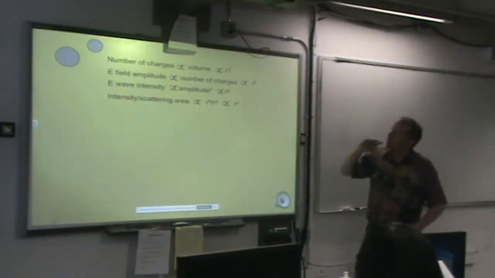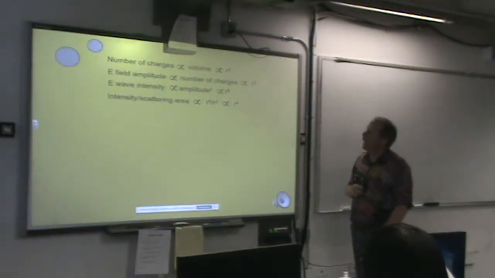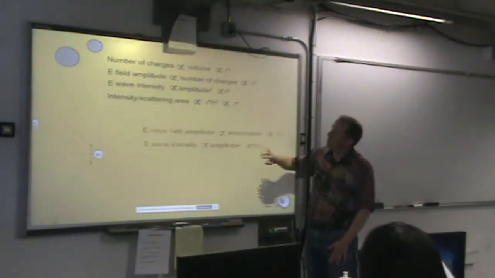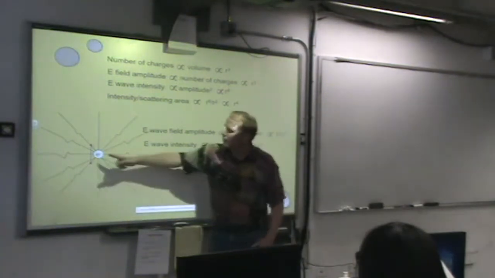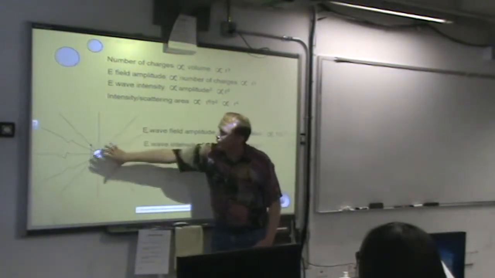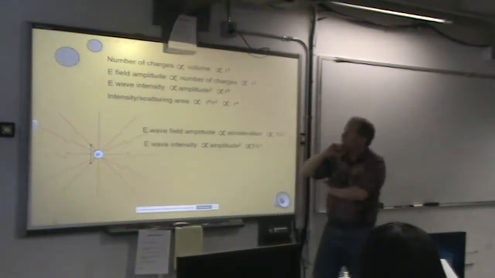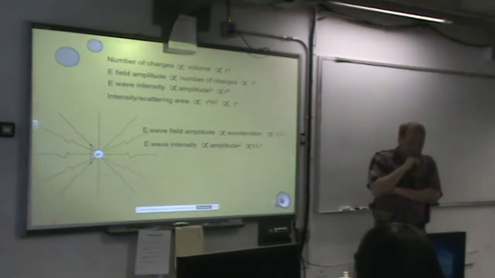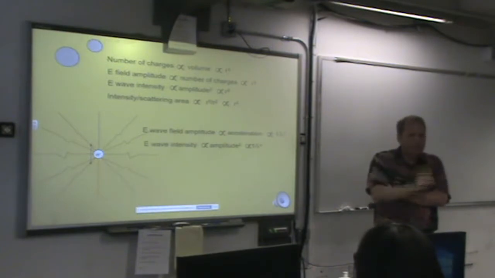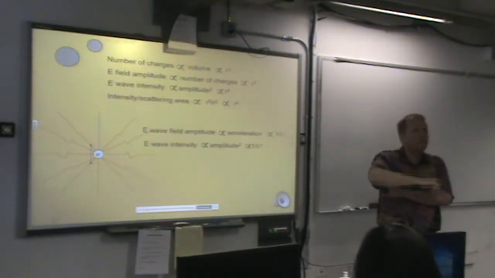However, it's also going to change depending on the wave itself. Here we have an electric wave, the same thing we drew before. You have your typical dipole pattern there. The electric field amplitude, going back to your physics, is proportional to the acceleration of a particle.